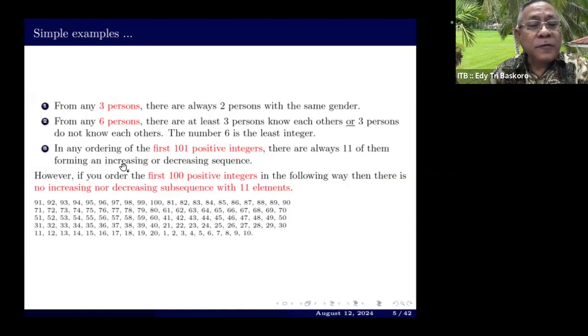However, if you order the first 100 positive integers in the following way, in this order, then there is no increasing nor decreasing subsequence with 11 elements. As you can see here, there are only increasing or decreasing subsequences with at most 10 elements.